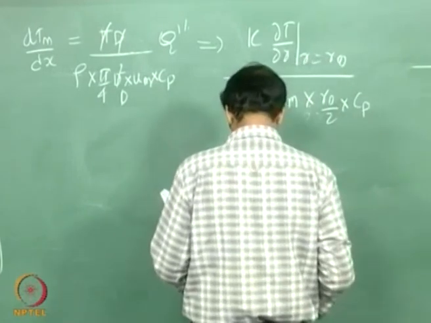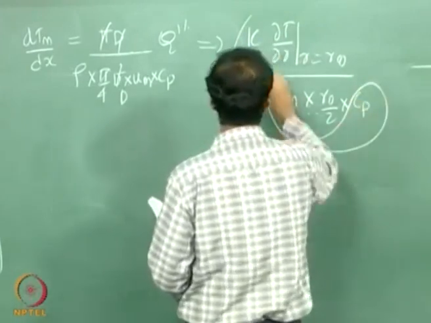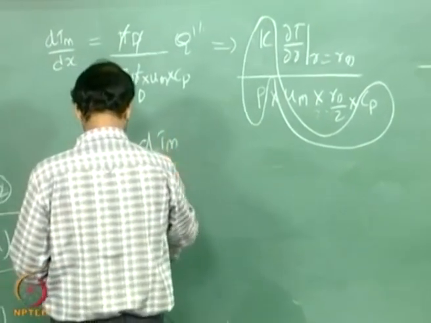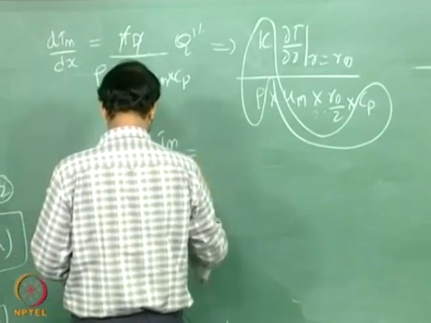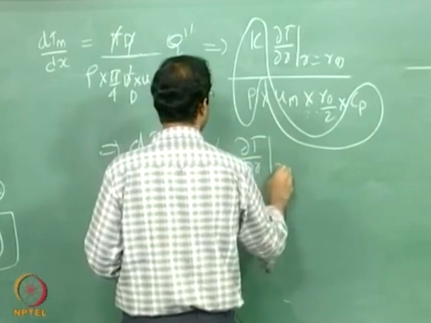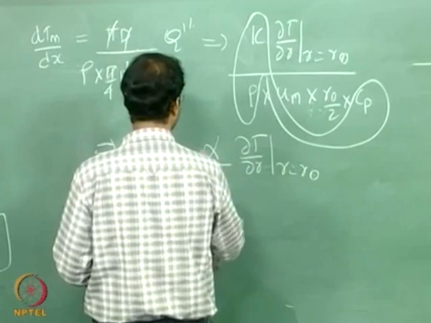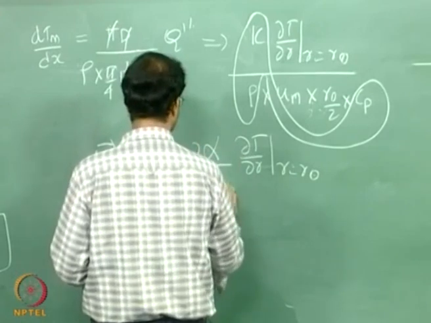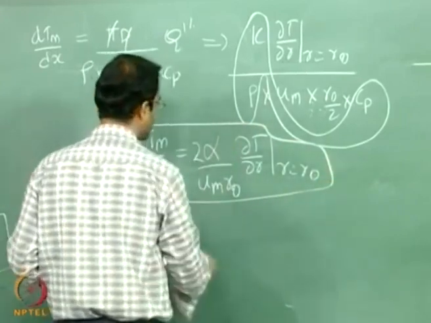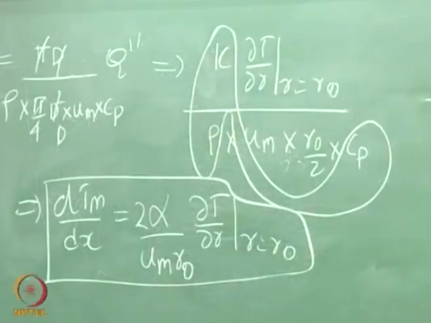So now I can club this as k by rho Cp. k by rho Cp is alpha, so this can be written as dTm by dx is actually alpha times dT by dr at r equal to r naught divided by 2 times um r naught. So this is my expression for dTm by dx in terms of dT by dr at r equal to r naught. This is a little bit of mathematical manipulation, nothing more.